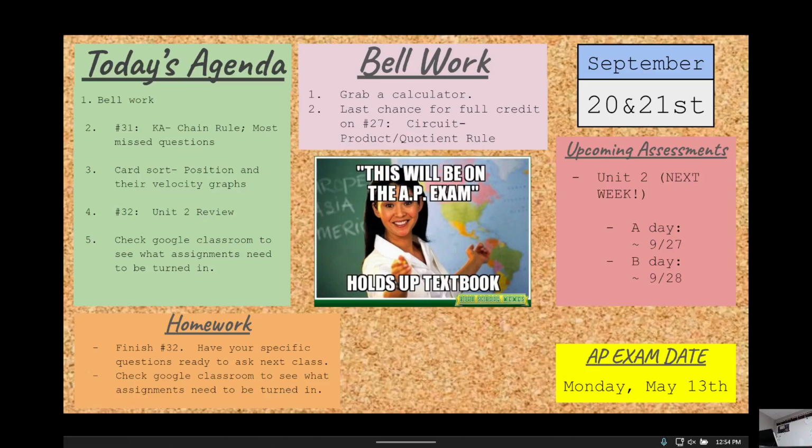And then I got rid of negatives, so it's four x minus two y. Oh wait, I got that wrong. I meant secant, cosecant.